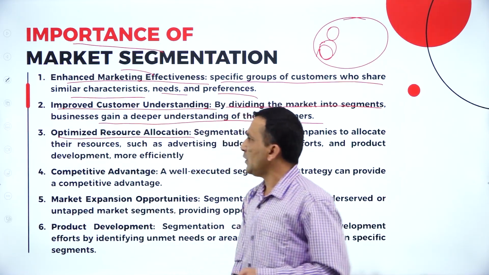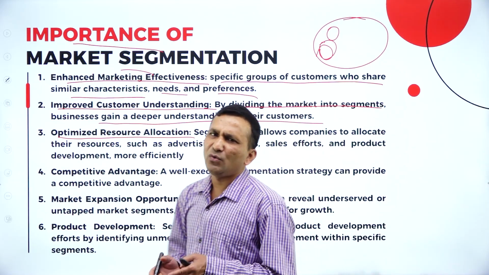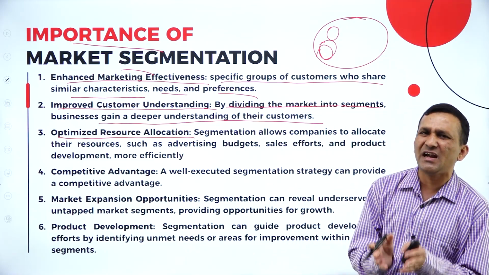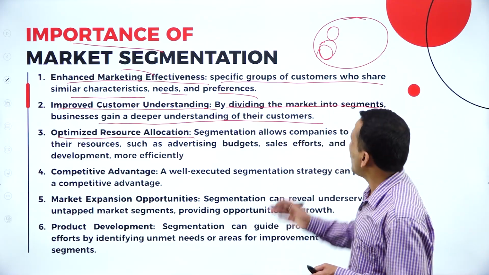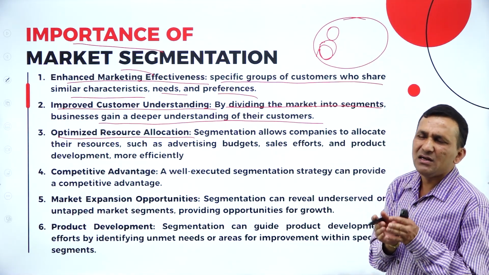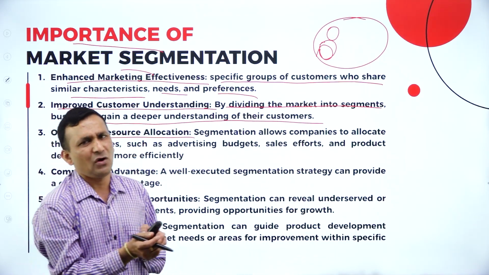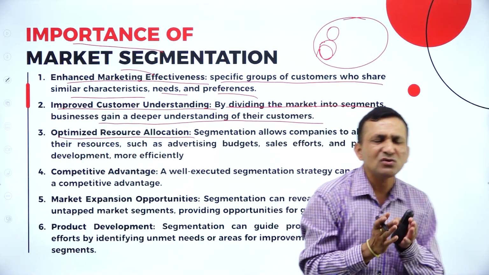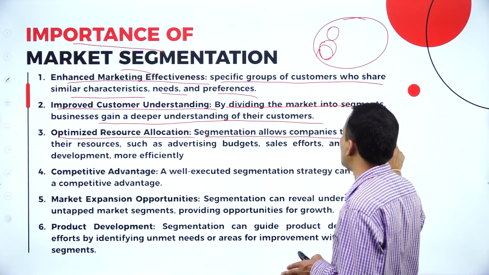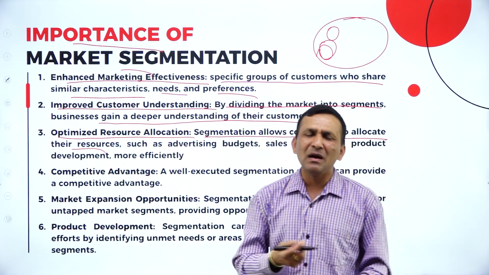Optimized resource allocation, because under a company there are different resources involved. We are mainly focusing on the marketing plan, budget and advertising. If you select the complete nation, it is very difficult because you need to study where you can expect demand for the product. So the resource allocation can be properly used. Segmentation allows a company to allocate its resources, which are advertising, marketing budget and marketing strategy.